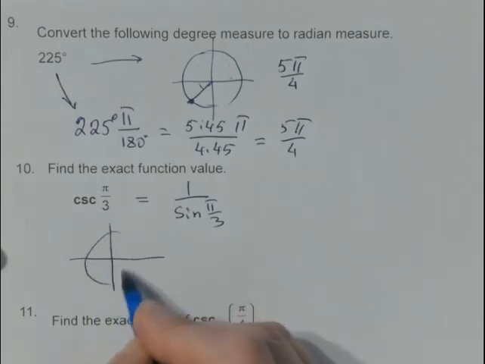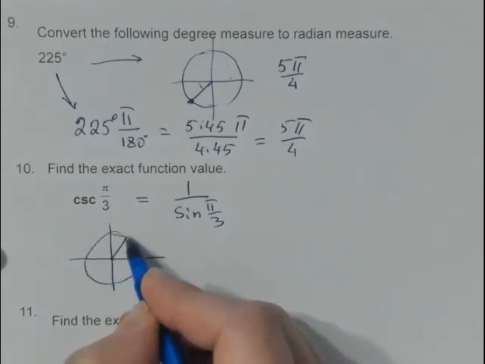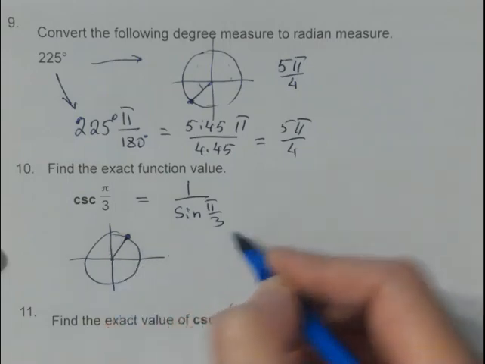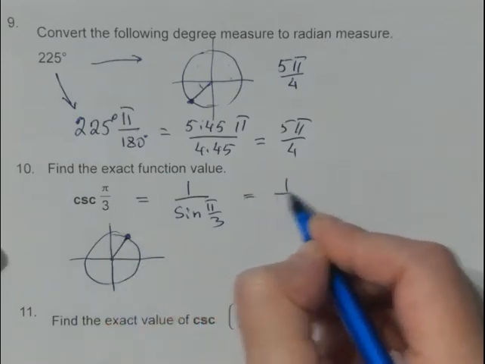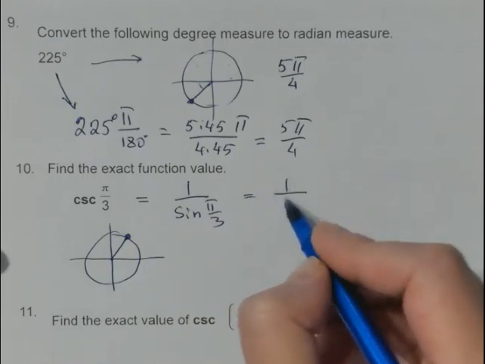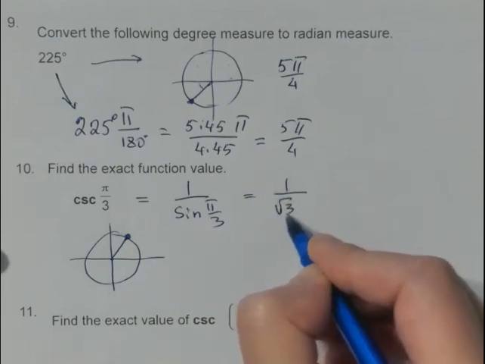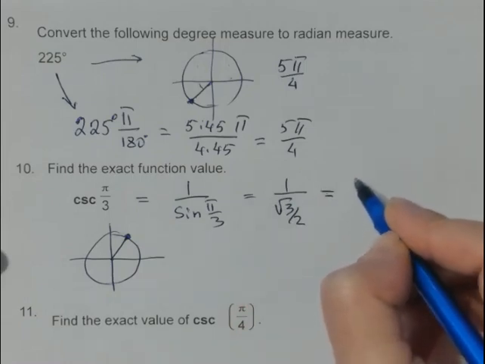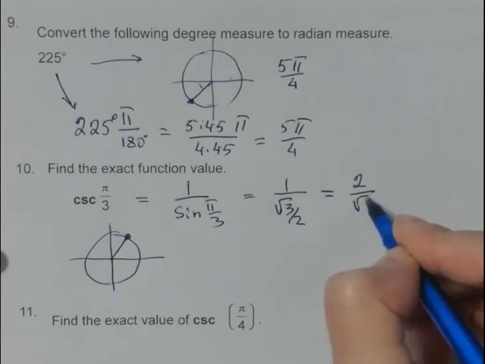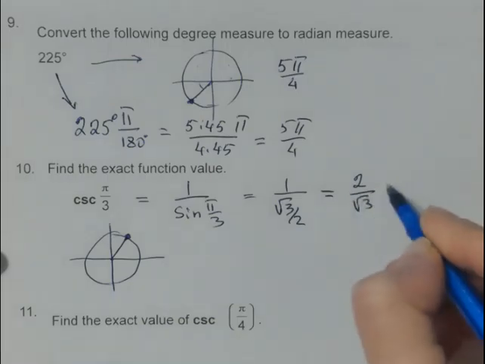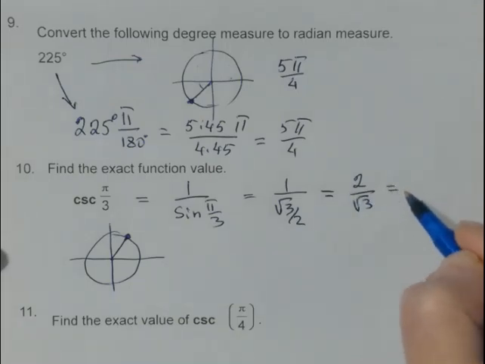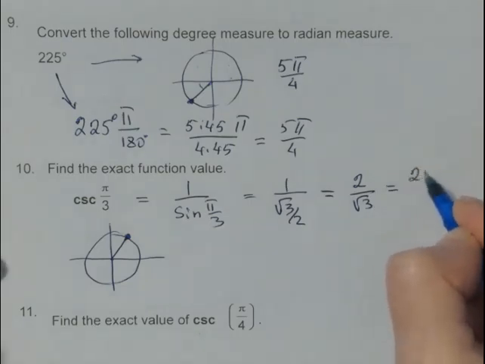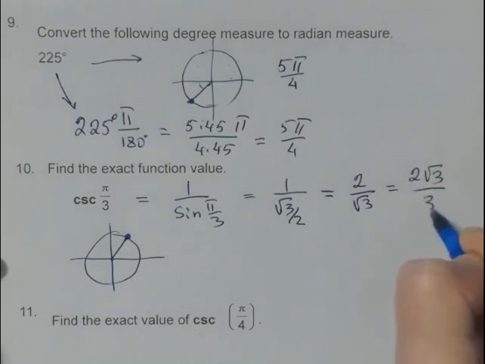So pi over 3 or 60 degrees is this angle. Its sine is square root of 3 over 2. So we have 1 divided by square root of 3 over 2, which is the same as 1 multiplied by 2 over square root of 3. And we can rationalize by multiplying by square root of 3 numerator and denominator: 2 square root of 3 over 3.